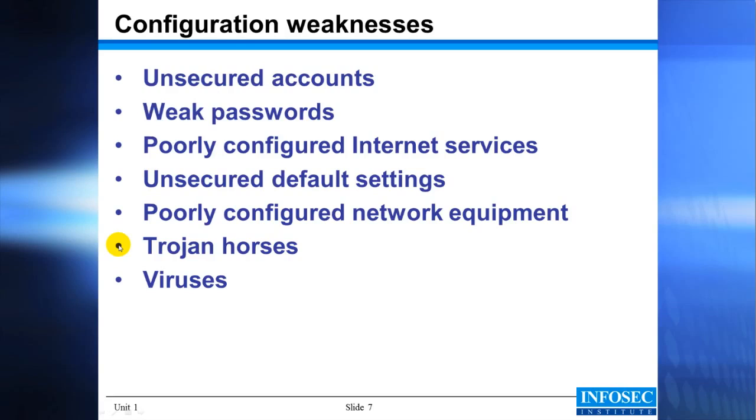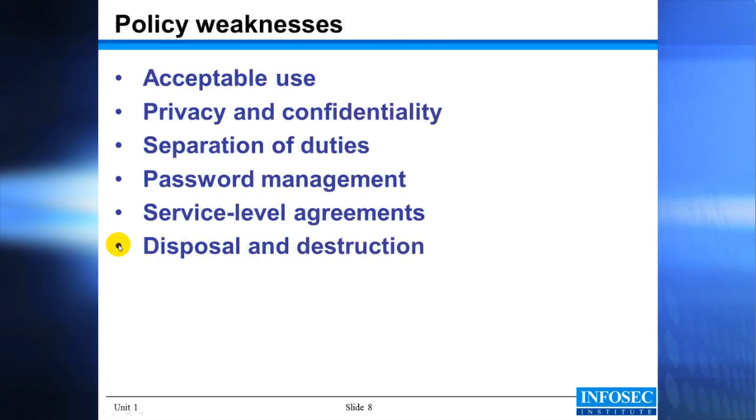The user receives this message, they open the attachment, and their system becomes infected. And these, again, are examples of the result of systems that are not properly protected after they've been deployed.